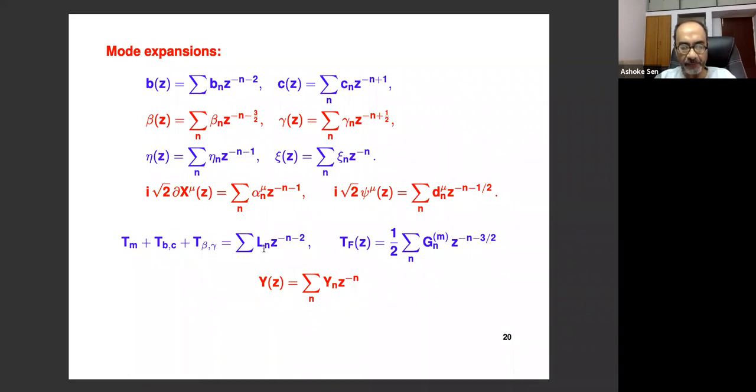So L_n by definition is the mode expansion of the total energy momentum tensor, and G_nm is the mode expansion of the matter energy momentum tensor. That's the definition, and we also need the mode expansion for Y, which is given here. Y has conformal dimension 0, so it's just Y_n z to the minus n, and that's the expansion.